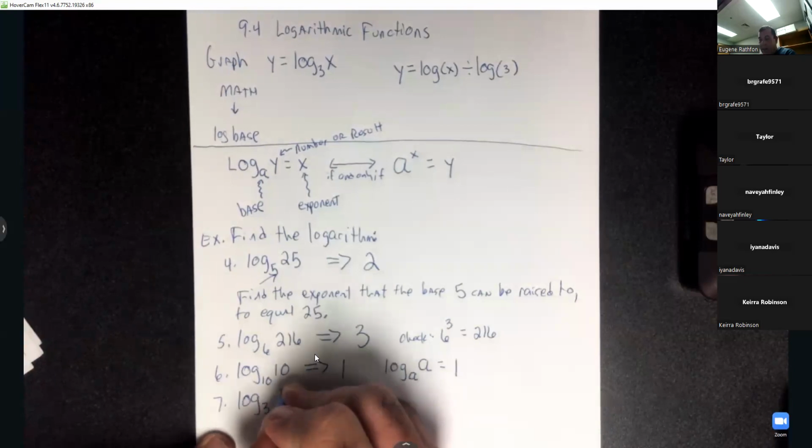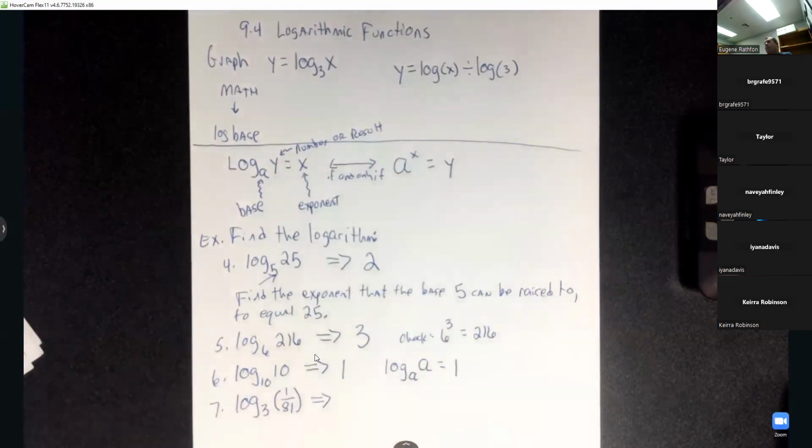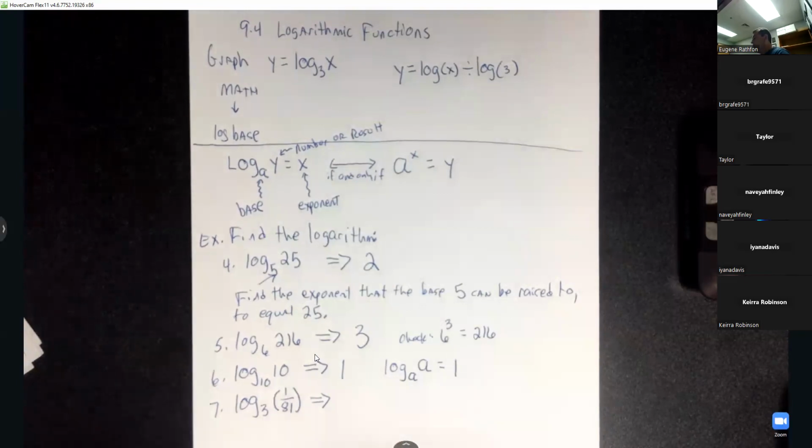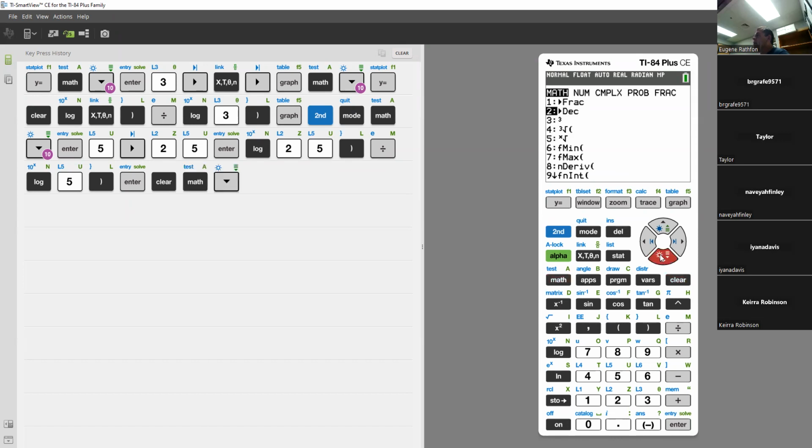Log base 3 of 1 over 81. Now, I'll show you both ways on that. So the first way would be to hit math, go down and get your log base, hit enter.